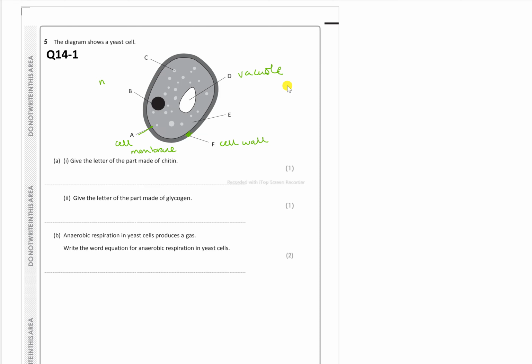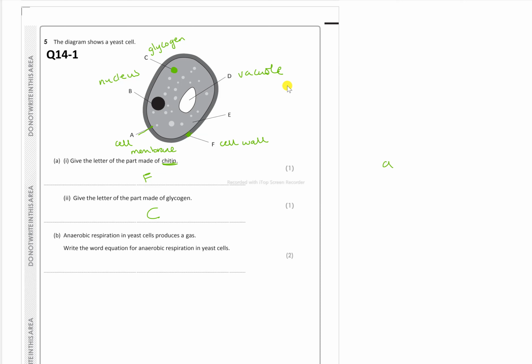That is your nucleus. And according to this is the glycogen molecule. That's like stored energy. Chitin, the cell wall is made out of chitin, so that is F. And glycogen is C. So that's not obvious. So it's good to sort of study the structure.